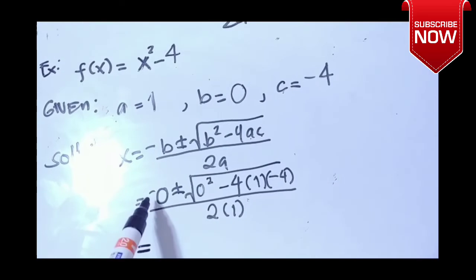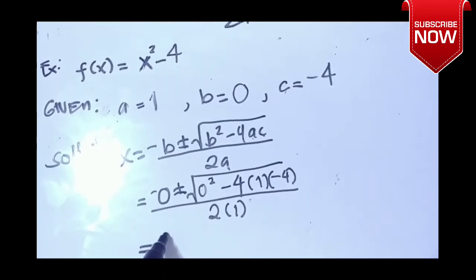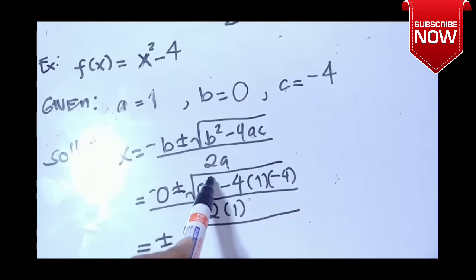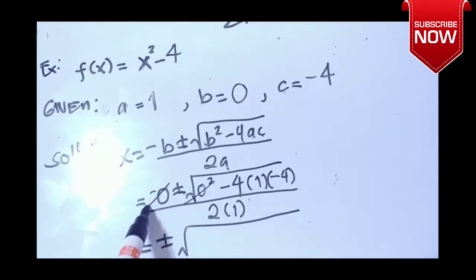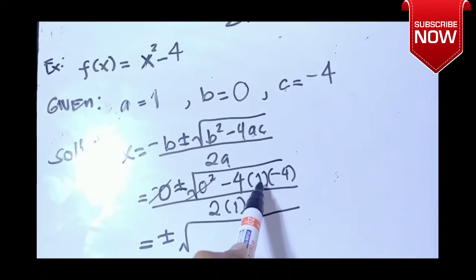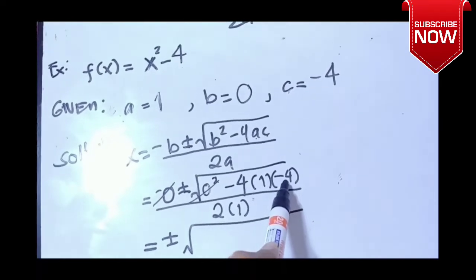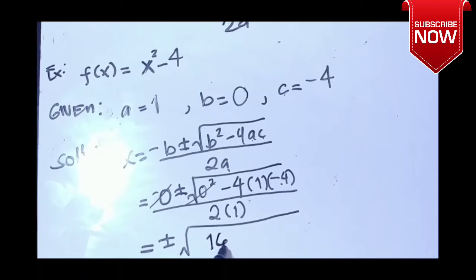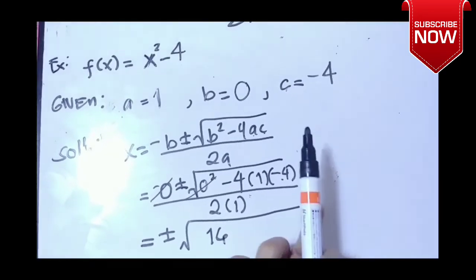Equals, huwag na natin isulat yung 0, diretso positive, negative, square root of, hindi rin natin isusulat yung 0, cancel out na natin yan. So, negative 4 times 1 times negative 4, that is positive 16. Okay.